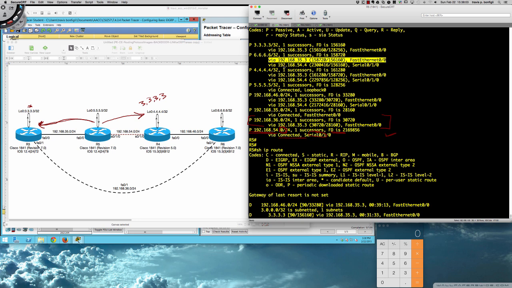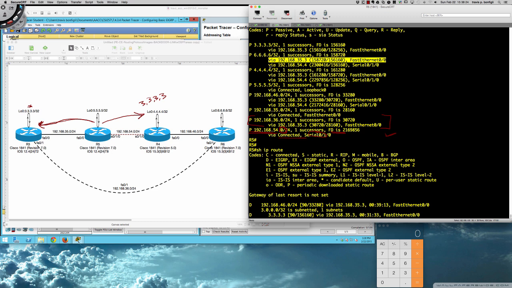However, the topology table is showing us an alternate path to get there. So from router 5's perspective, to get to 6.6.6.6, I'm going to go this way. I'm going to go to 3 and then over to 6 to get there.